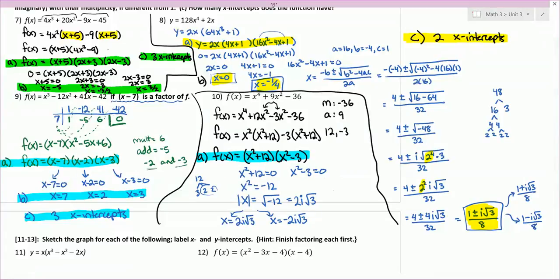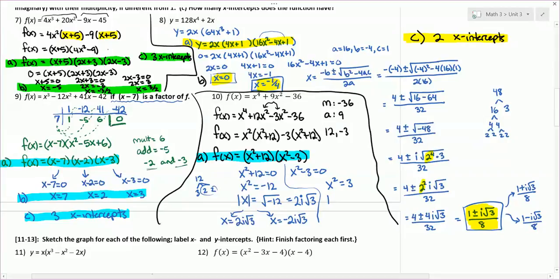The second equation, x squared minus 3 equals 0. We're going to add 3. We get x squared equals 3. Take the square root of both sides. We get the absolute value of x is equal to the square root of 3.